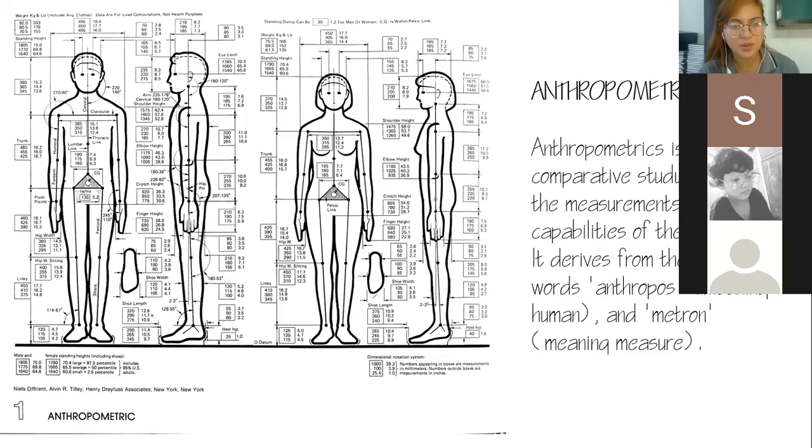Basically, anthropometrics is a study of human measurement. So each aspect is measured, and that is your basis in coming up with an ergonomic design.